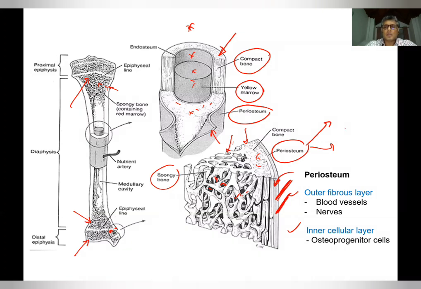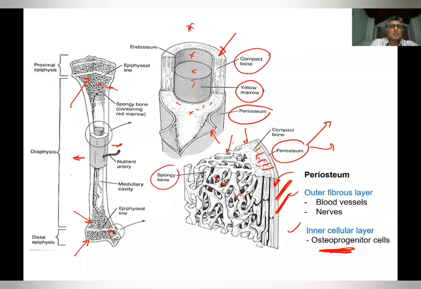Then the inner layer of the periosteum is called the cellular layer because it has osteoprogenitor cells. These are stem cells for bone cells, and they give rise to osteoblasts, which produce the bone tissue osteoid. When osteoblasts produce osteoid from that end, the thickness of the bone can increase.